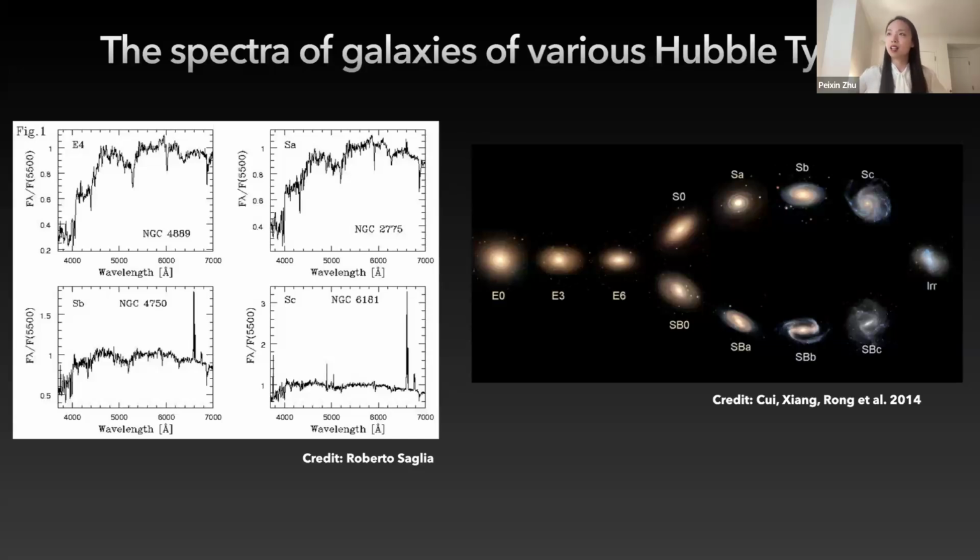We cannot see a very clear black body shape on the top panel. So it indicates that this is apparently not a single star. And we also cannot see that black body spectrum in the bottom panel. So that also tells you it's not a single star. That's what distinguishes galaxies from stars.